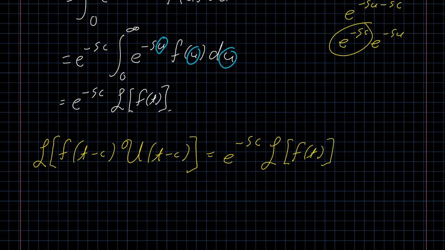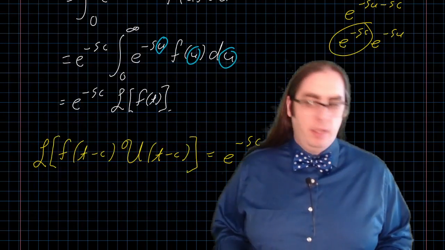This is one more case that should go on your list of Laplace transforms. We will be able to use this to our advantage in the very near future. All right. That takes us to a fairly standard, come on, there we go.